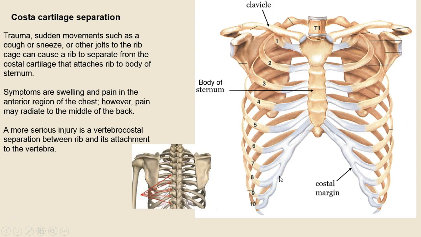Costal cartilage separation. If you recall, the costal cartilage is that tough material. It's non-bone that attaches the ribs to the sternum, the body of the sternum, and the manubrium at the superior position. What will happen is a person may fall and take a tumble, or sometimes just a forceful cough or sneeze will cause a separation at these sites between the ribs and the costal cartilage.